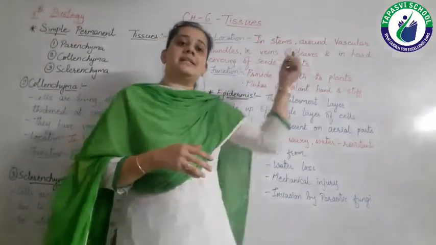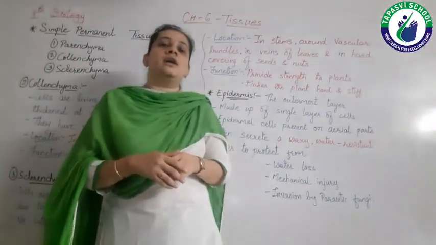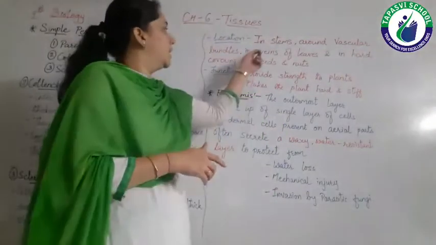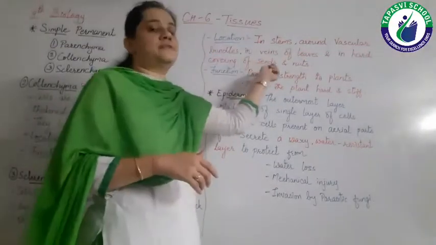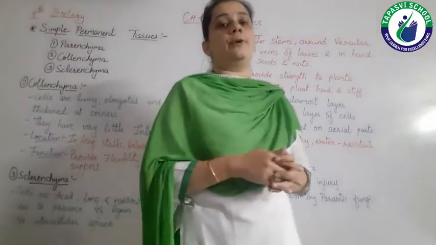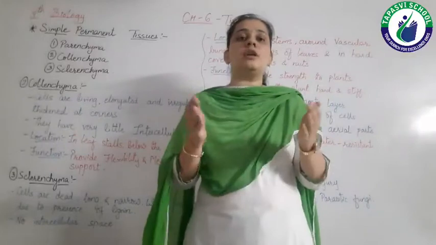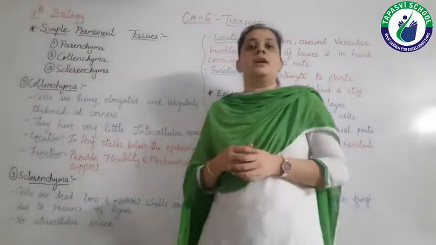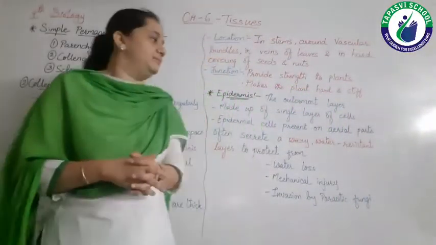Okay, so this tissue, that is sclerenchymatous tissue, is found around the vascular bundles in the stem, in veins of leaves, and in the hard covering of seeds and nuts. We can also find this type of tissue in the husk of coconut. So whenever any seed or nuts are there, the covering or the seed cover is made up of sclerenchymatous tissue, right?